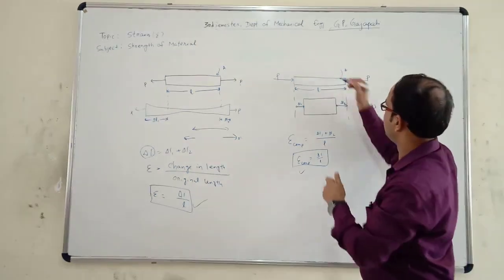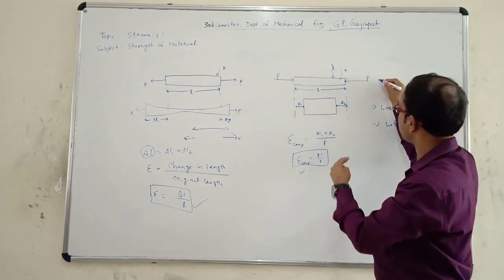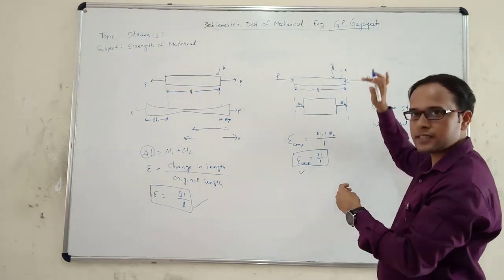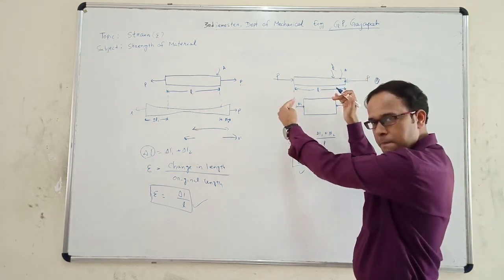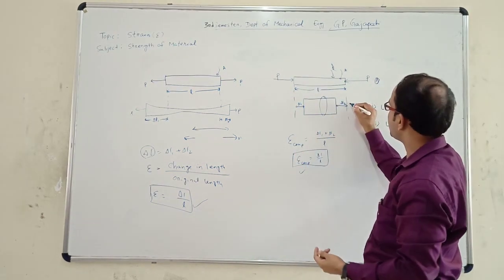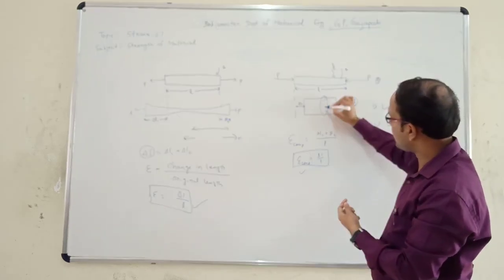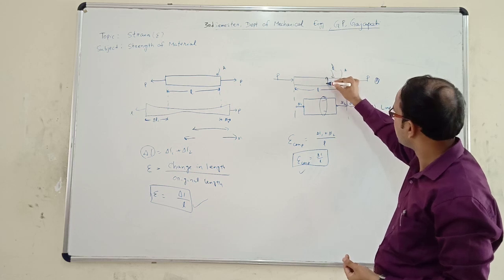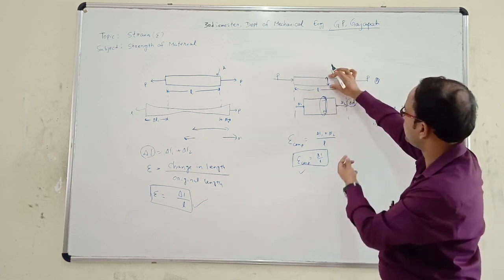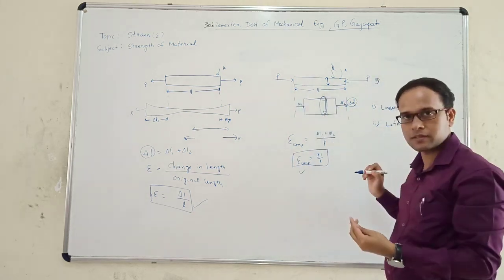Let the diameter of this body be d. This is a circular cross section. After the application of this P, the diameter changes by delta d. This change in dimension occurs perpendicular to the application of force.